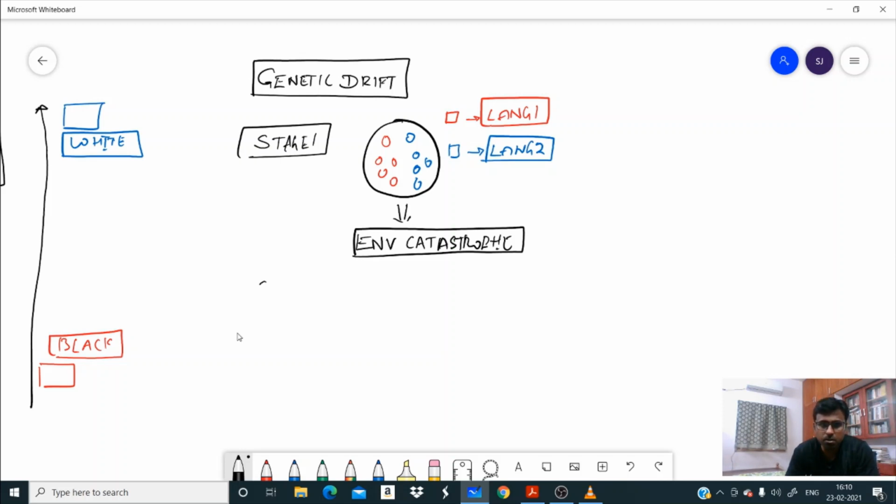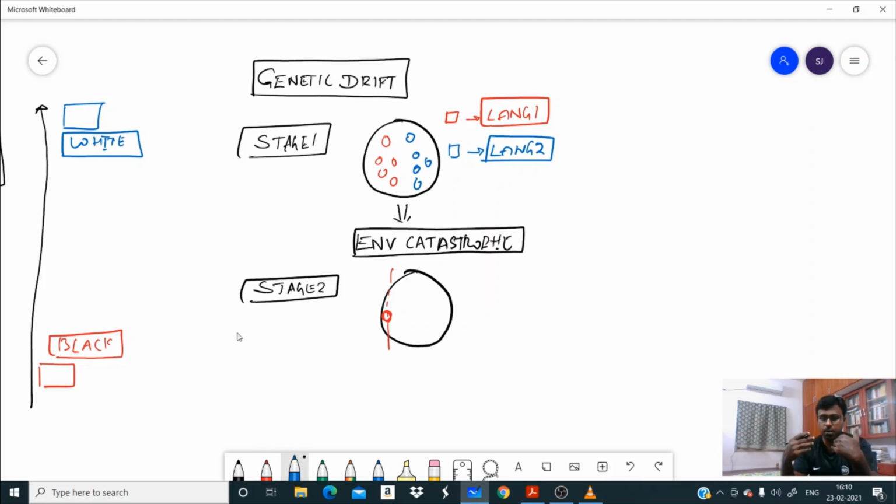In stage 2, this environmental destruction removes the population speaking language 1, purposelessly, or because of some chance or accident.